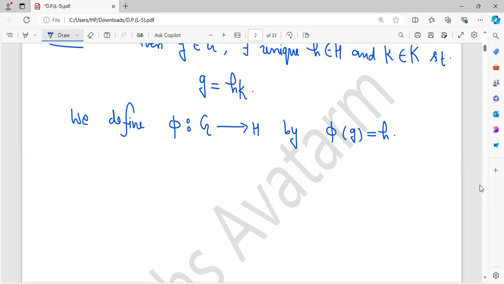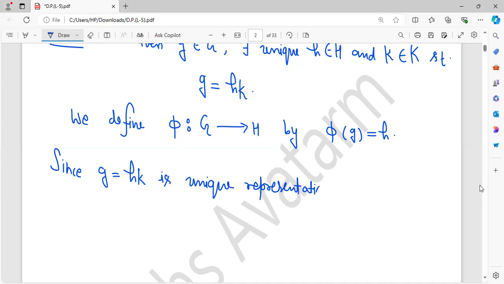Since g equal to hk is a unique representation, therefore the map phi is well defined.